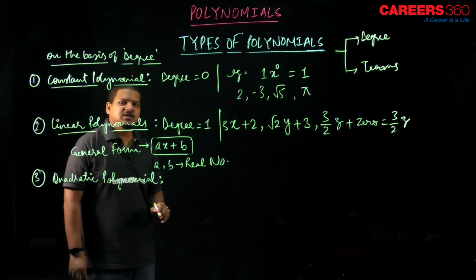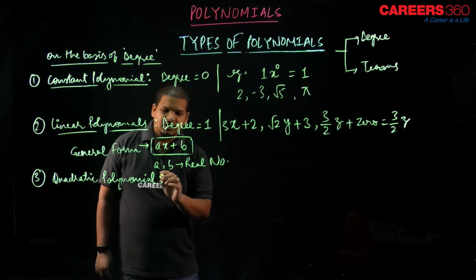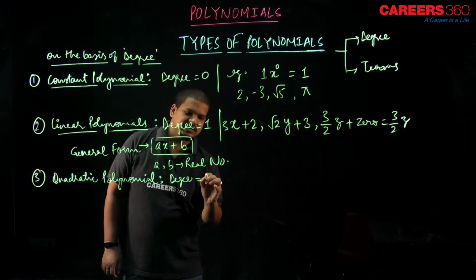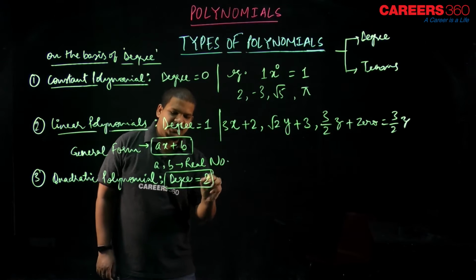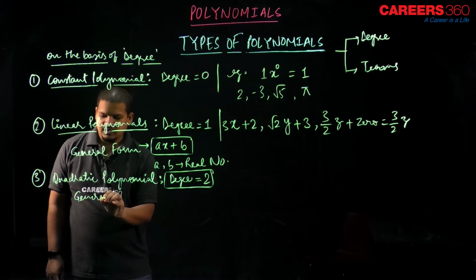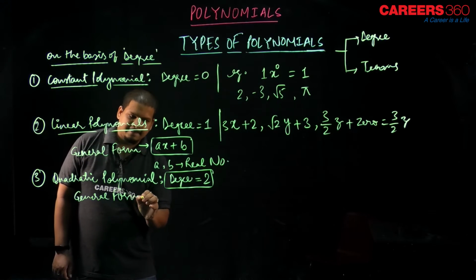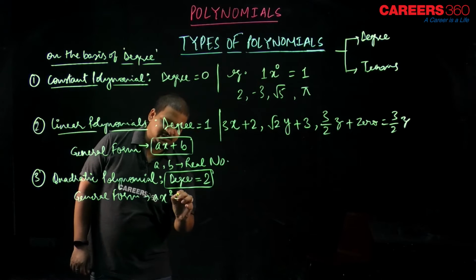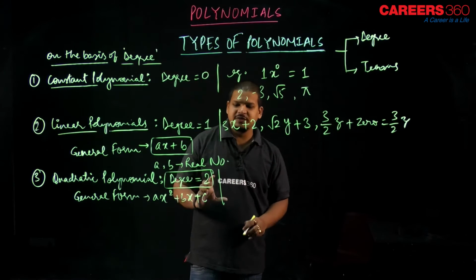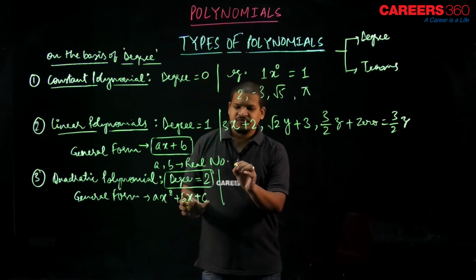Quadratic polynomial is what? Which has degree as 2. Degree should be 2, and in this case the general form will be ax square plus bx plus c. So let's see what could be the examples of this one.